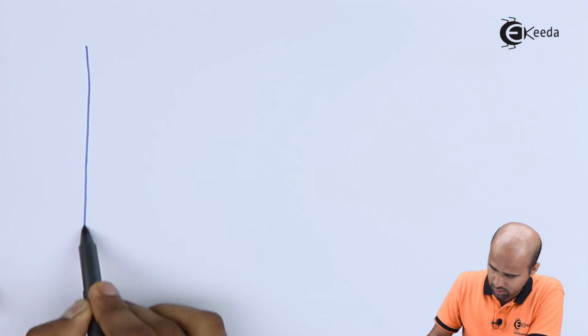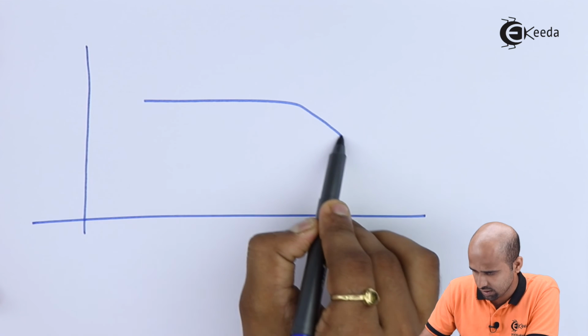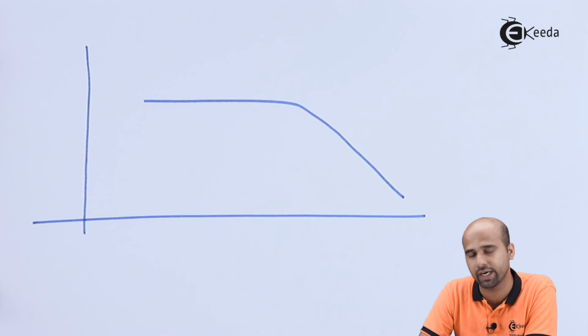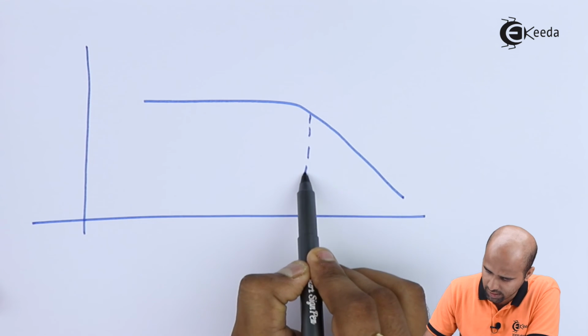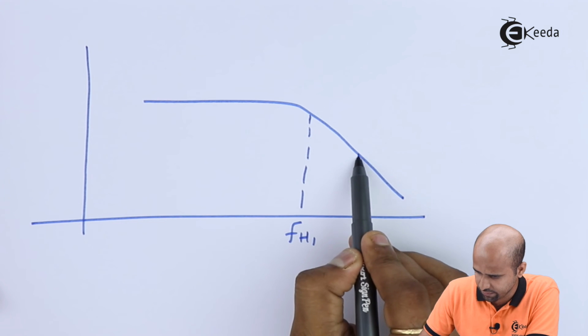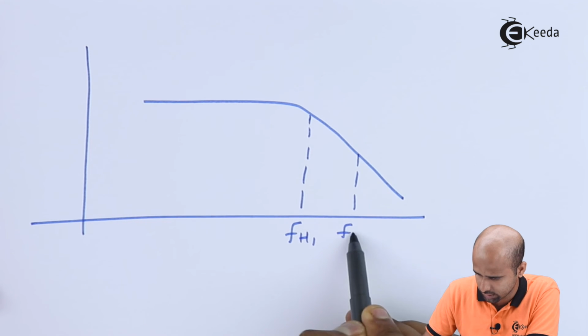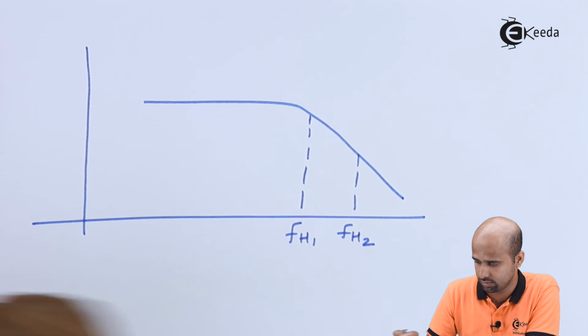So understand the frequency response. This is the frequency response curve at the high frequency side. If we say that the first frequency I am getting over here is FH1, and the second frequency I am getting over here is FH2, which frequency do I have to select?